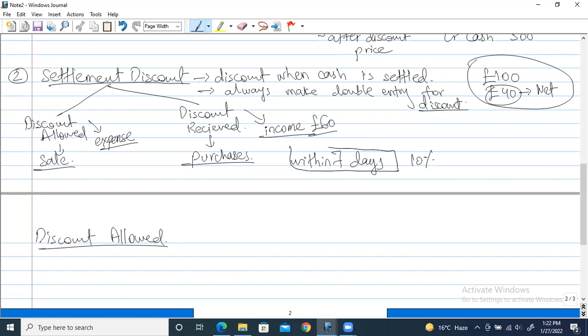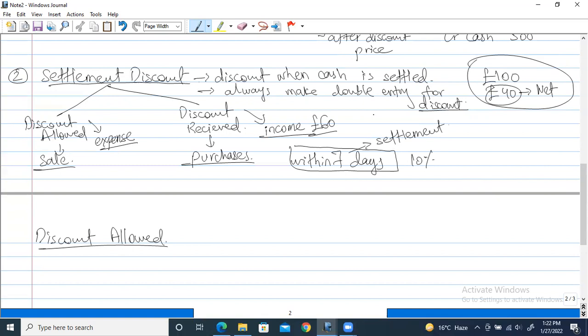If we pay on the 8th day, that means we'll not get the discount. So this is one way to understand the settlement discount. There's a condition attached. There can be many days, like if you pay within 20 days, 25 days. So there is always a condition attached with the settlement discount.